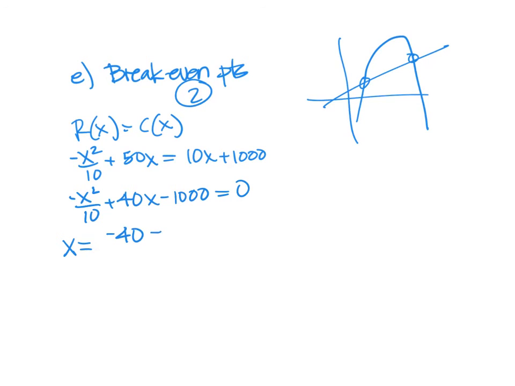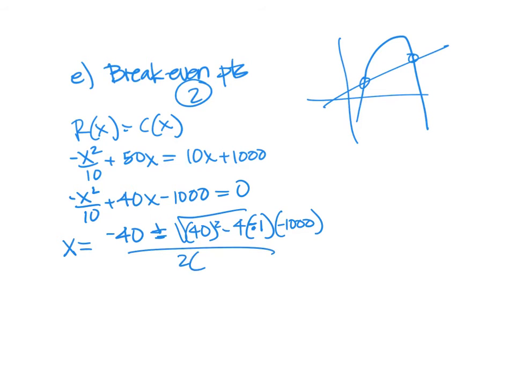The b is the 40. We have the plus minus the square root of b squared minus 4 times a, which is negative 0.1, times c, negative 1,000, all over 2 times the a, which is the negative 0.1.